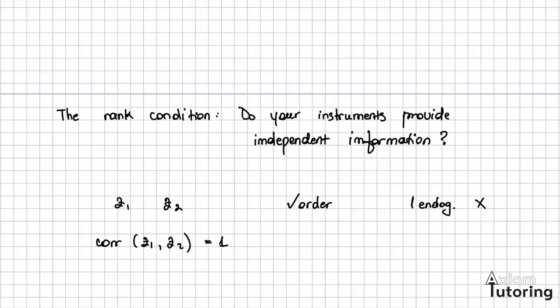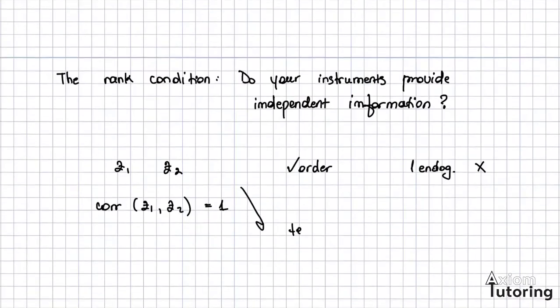So they are telling exactly the same story about X. In this case, having two instruments gives you no more information than actually having one instrument. And the rank condition captures exactly this idea formally, okay?